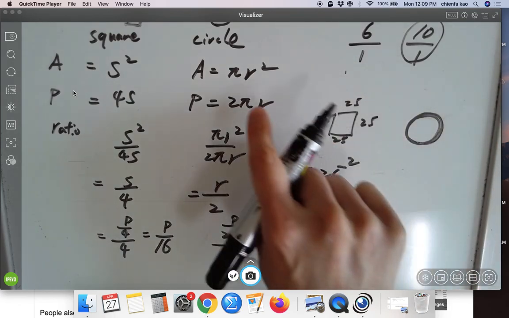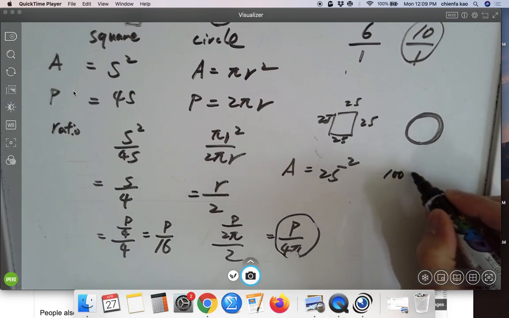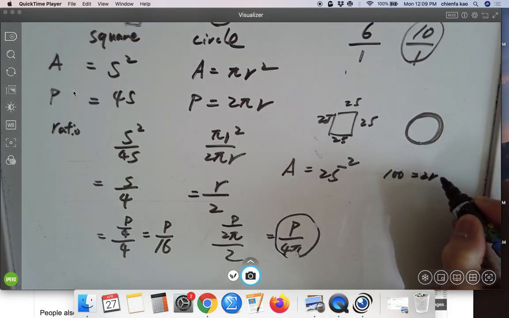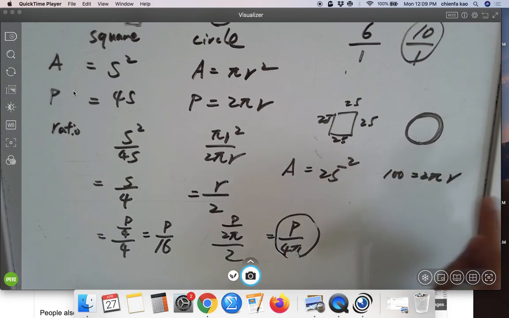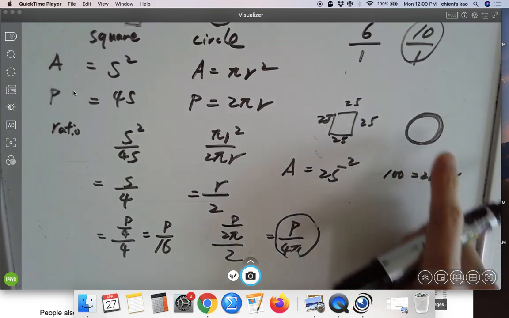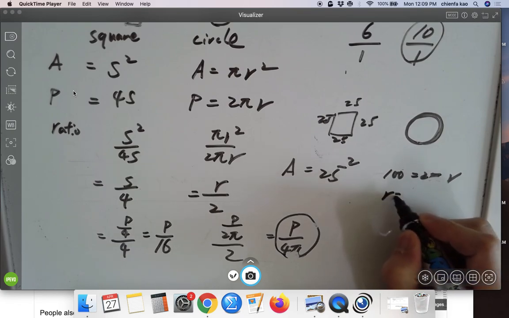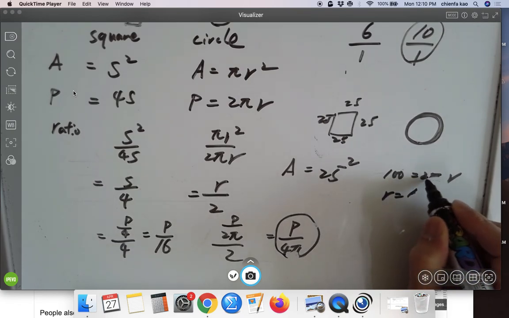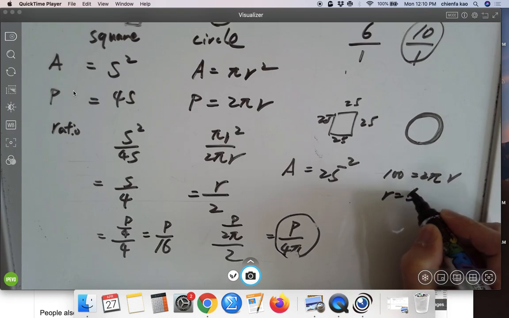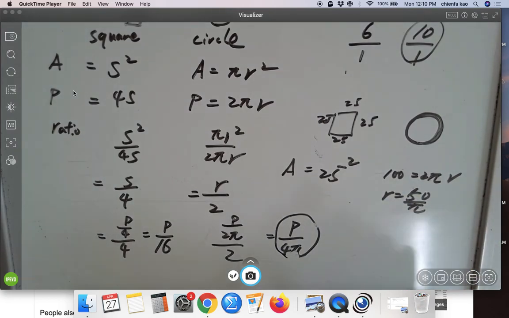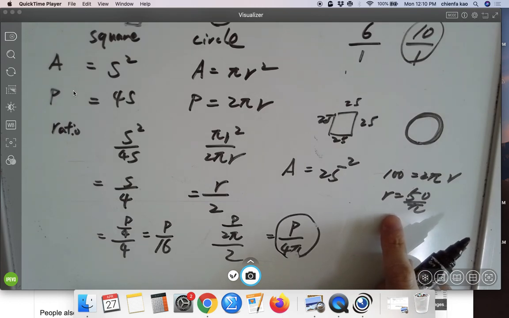All right, now, so you have fencing like this one. So the perimeter over here is 100 divided by 2 pi, where it equals r. So we need the r to find the area that can be built. So r equals 100 divided by 2 pi, which is 50 over pi, I mean. And then once we have r, we can pi r squared that, and then we can find the area.